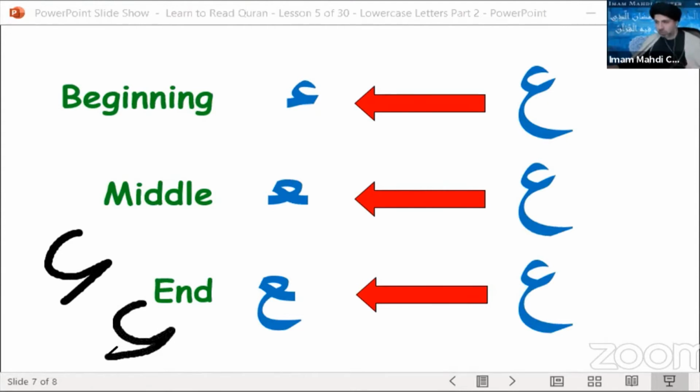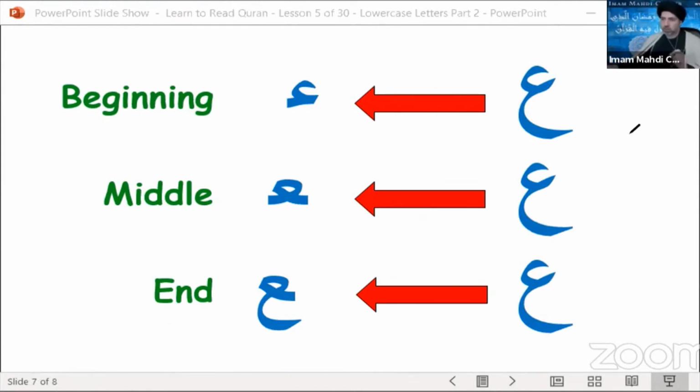Now, this is something we're going to cover later on when we start connecting letters into words, but it's good to mention it now too. The way we can tell the difference between a hamza and the lowercase form of the ayn is that this lowercase form of the ayn will always be connected to a letter after it, whereas the hamza always has a space before and a space after it.